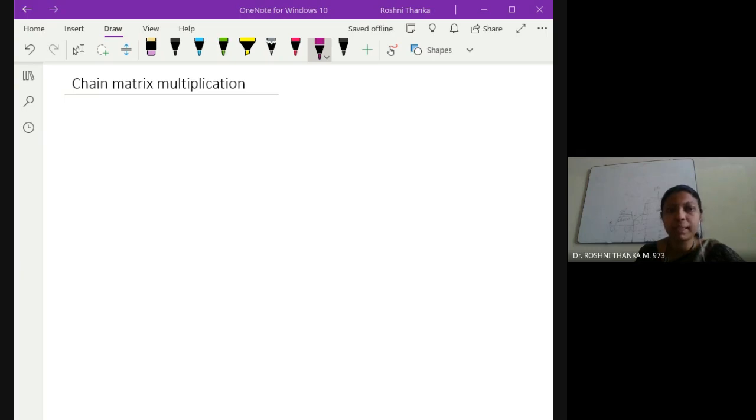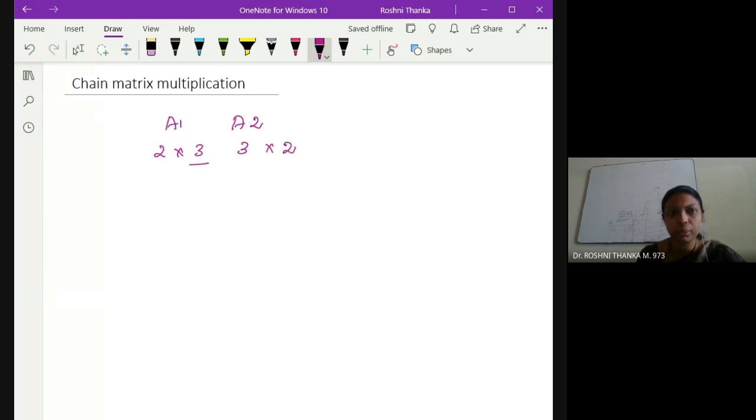For example, let us take two matrices, A1 and A2. If I want to multiply these two matrices, what is the first condition? For example, the dimension of the first matrix is 2 cross 3, and the dimension of the second matrix is 3 cross 2.